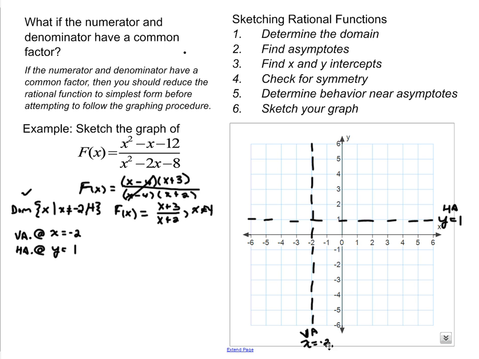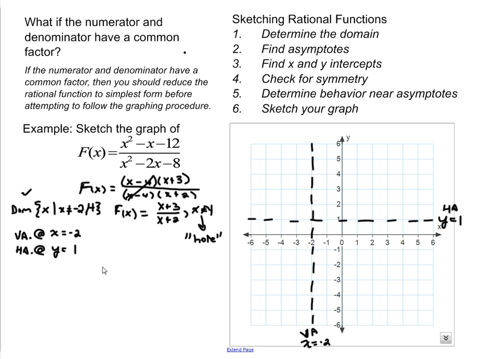So next, the question might ask, well, what's going to happen at x equals 4? Well, in fact, what's going to happen is that we're going to get a hole in the graph at that location of x.